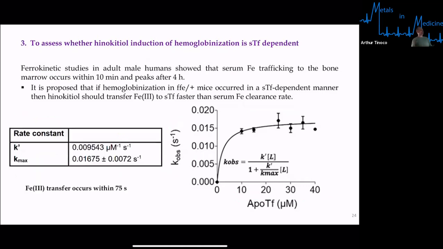Taking all this into consideration, they determined that this exchange process within this concentration range happens within 75 seconds, which is super fast, so physiologically relevant. Once iron gets bound to the ligand, that ligand can rapidly deliver it to the protein, and now the protein can take its time to deliver it to the bone marrow and then generate the red blood cells.